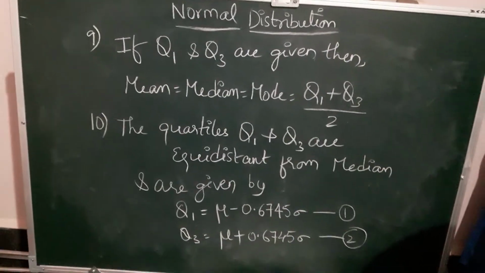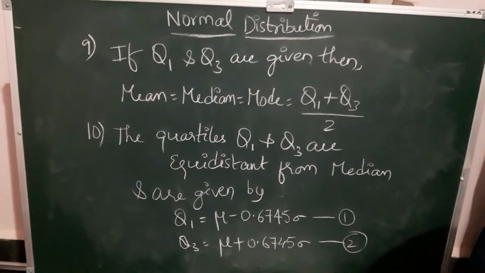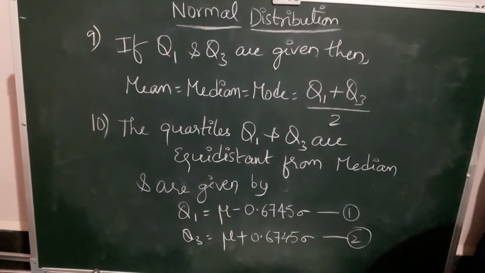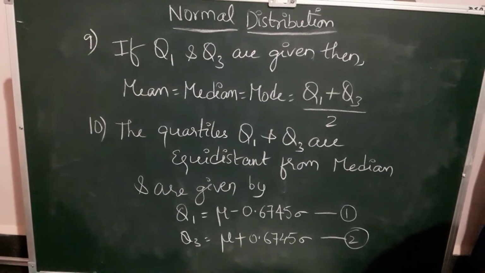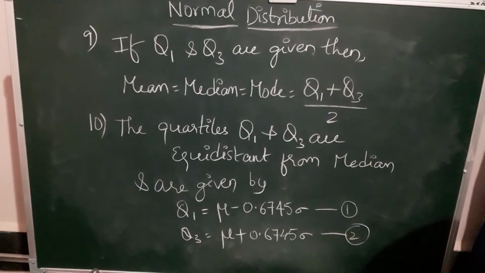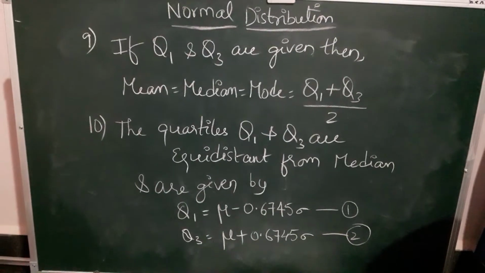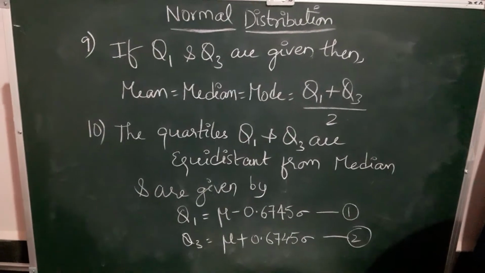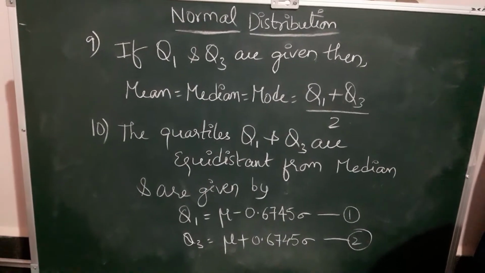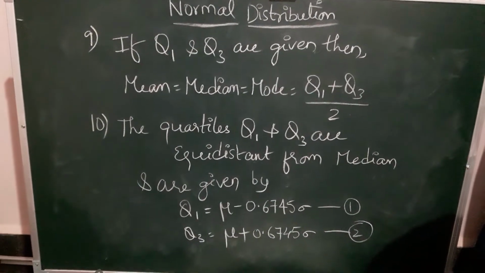Just for knowledge purposes I have written: if Q1 and Q3 are given, then mean, median and mode become the average of the lower and upper quartiles, that is (Q1 plus Q3) by 2.